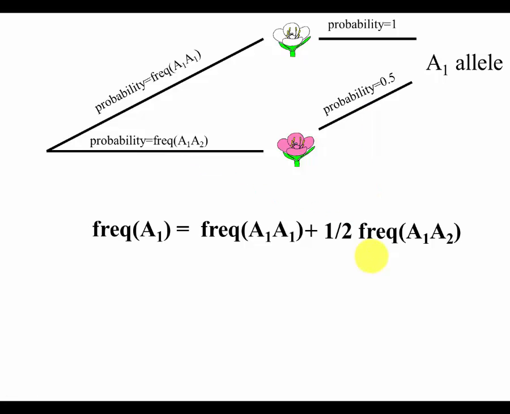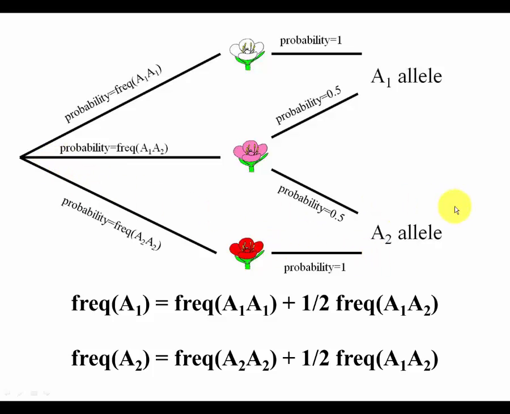Okay, in a similar way, you're going to get to the A2 allele either by going down this path, which happens with a frequency equal to the frequency of red-flowered plants in the population, or you're going to go down this path and then take a right, which happens with a frequency that's equal to the frequency of the pink phenotype in the population times 1/2.